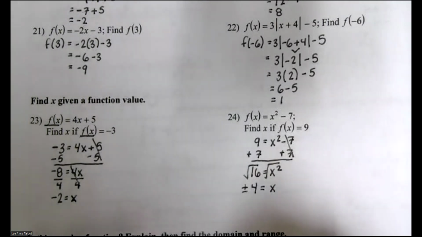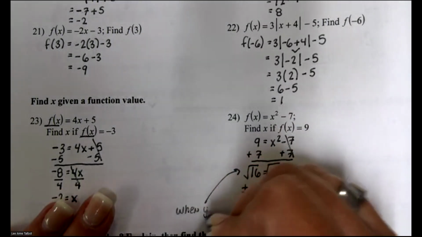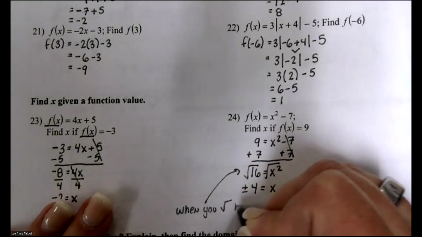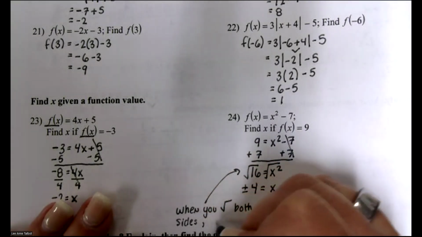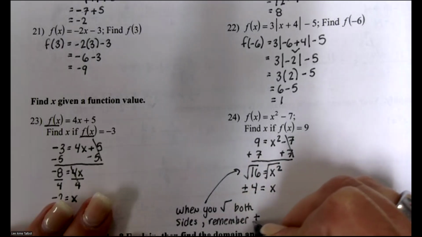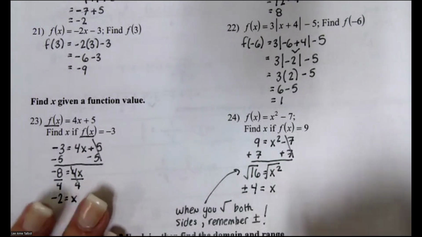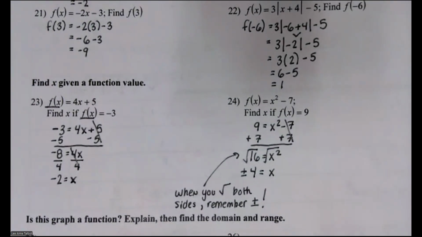So, when you square root both sides, remember, it can be plus or minus. Both answers will work. And that's because when you square something, you make it positive.